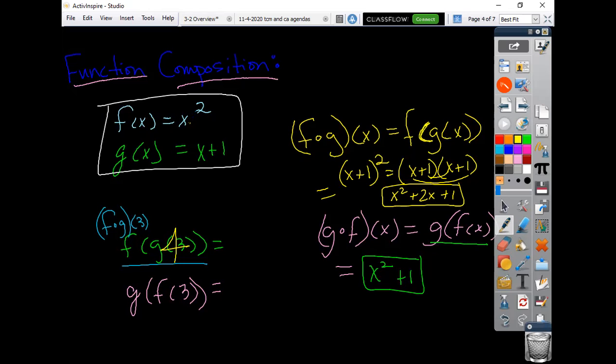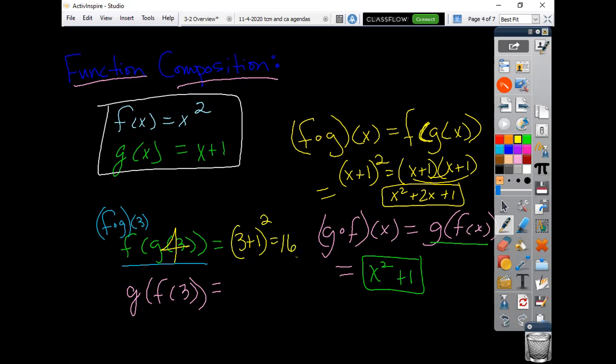So when I go up here, first it was 3 plus 1 in here, and then I put that 4 in there, which squared, so I got a 16.